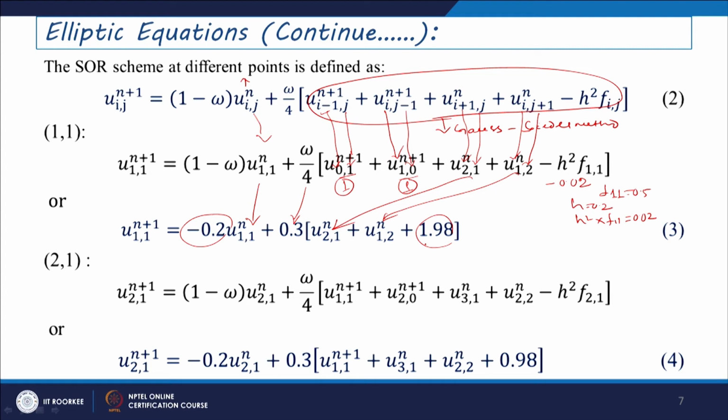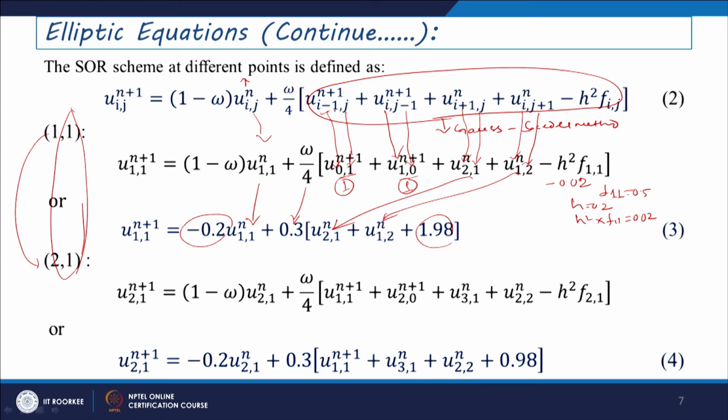Similarly, if you go for the u21 value, keeping j fixed, only i is varying here, from 1 to 2. So consider i equals 2 and j equals 1. We can find 1 minus omega, u21 n, plus omega by 4.